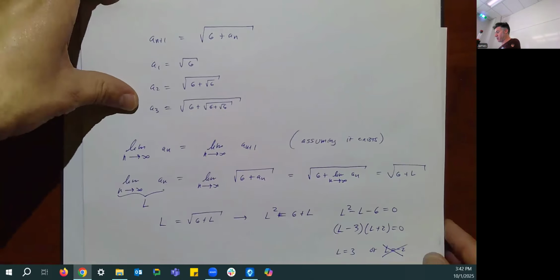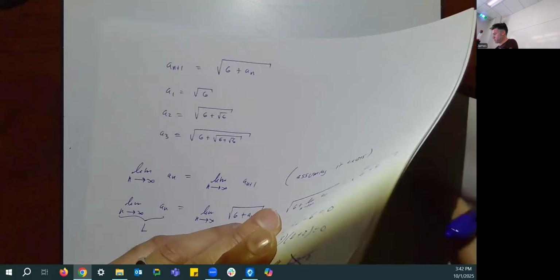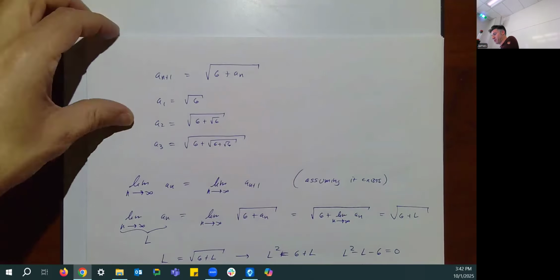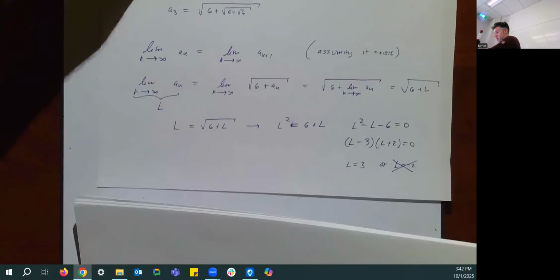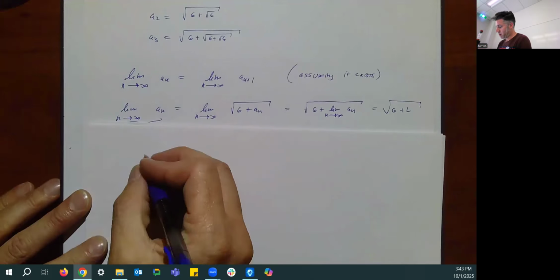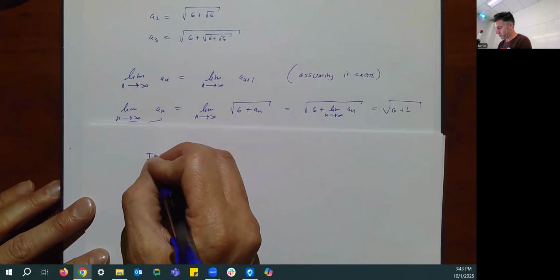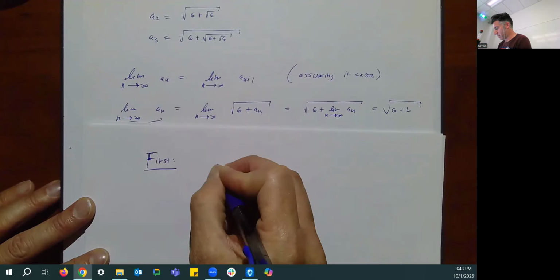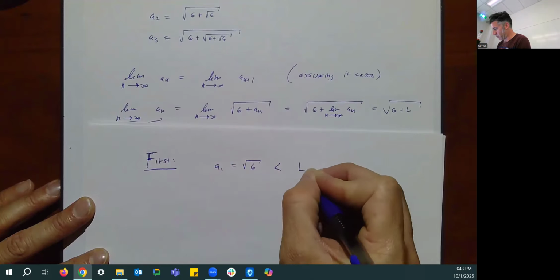So here's then what we can do. First of all, our a sub 1 equal to the square root of 6 is definitely less than our limit, which is equal to 3.